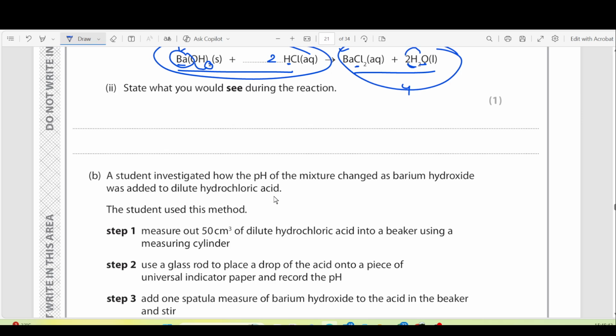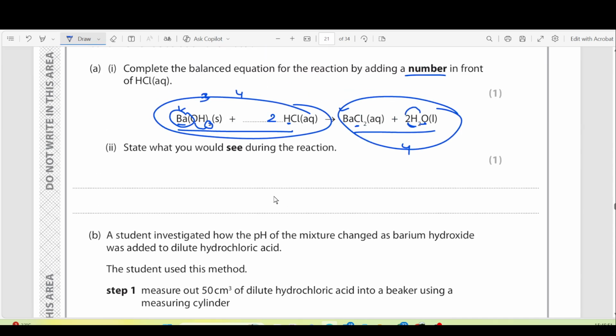State what you would see during the reaction. This is a reaction where a solid base, barium hydroxide, is reacting with an acid which is in aqueous form, right? S means solid, this is aqueous, and it is forming a salt, barium chloride, and water.